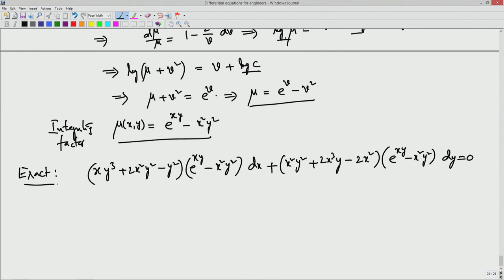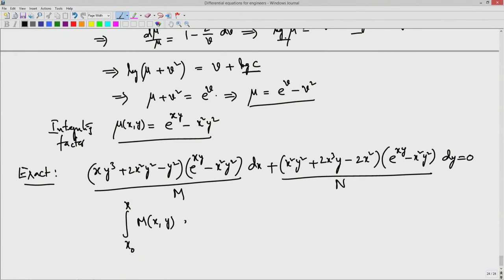What is the solution? Simply integrate this. This is my m, this is my n, new m and n. Now exact with exact. So simply integrate. So the solution is integral from x naught to x of m of x y dx plus integral from y naught to y of n of x naught, y dy equal to constant.